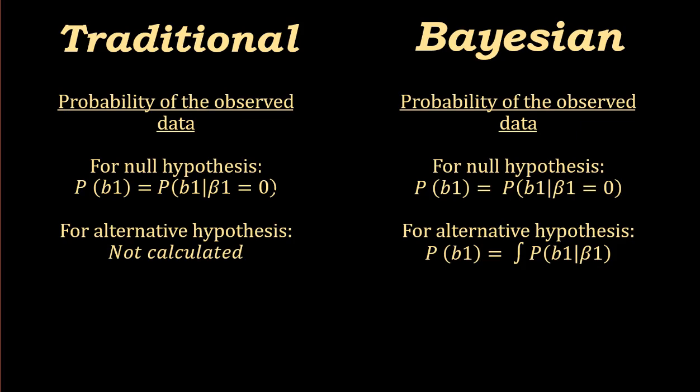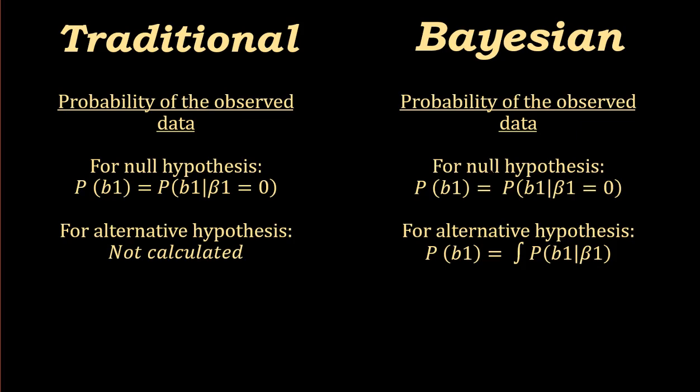That's exactly the values that we obtain in the sampling distribution. In that distribution, what's the probability of obtaining the B1 we observed in our sample? And that's the probability of the data.